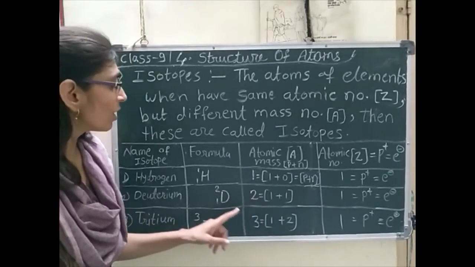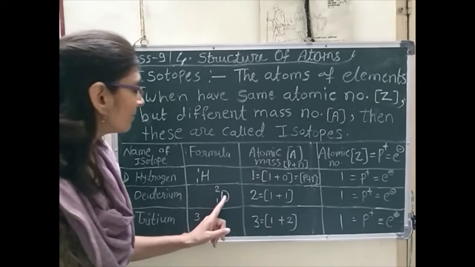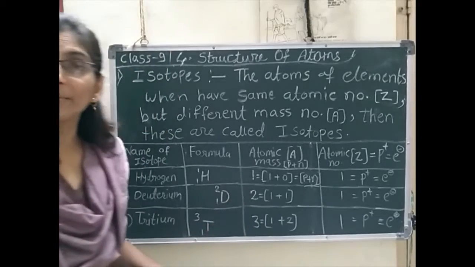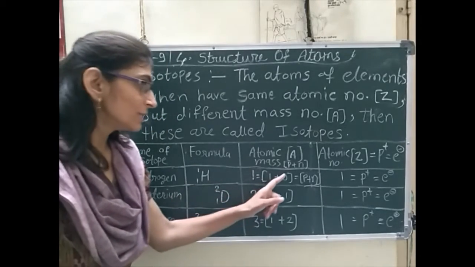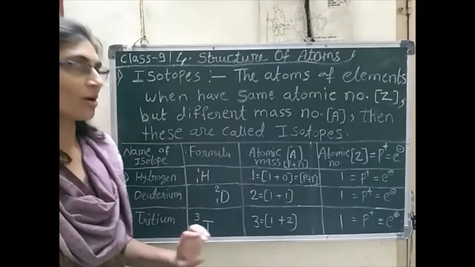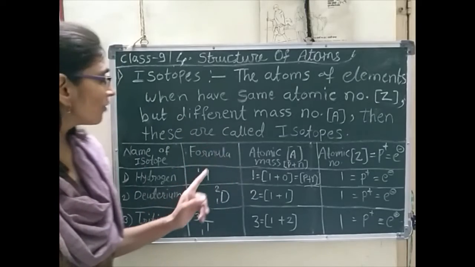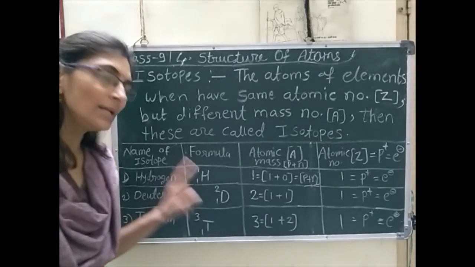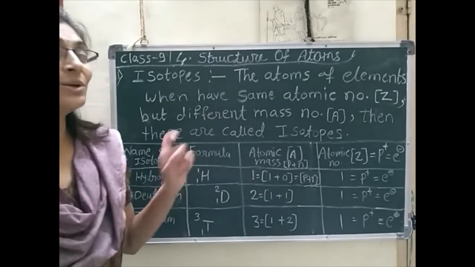That means the number of protons in case of hydrogen is equal to the number of protons in case of deuterium. But in case of hydrogen, there are 0 neutrons, means there is absence of neutron. No neutron is present at the nucleus of hydrogen atom. But in case of deuterium, one neutron is present in the nucleus.